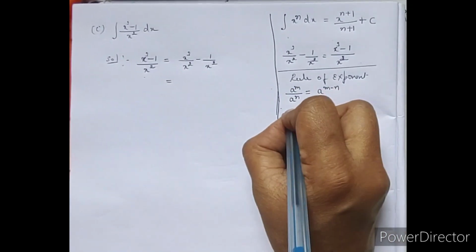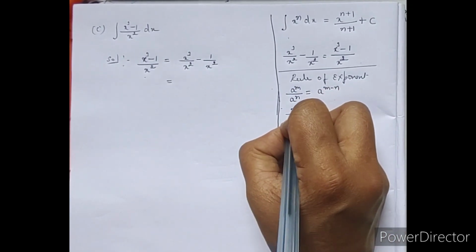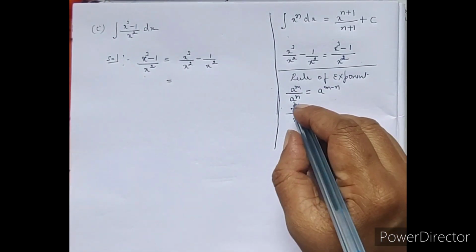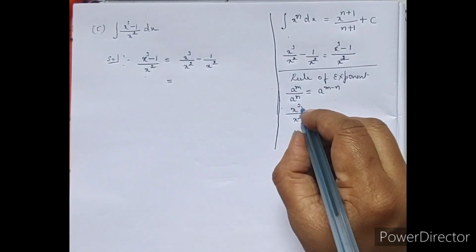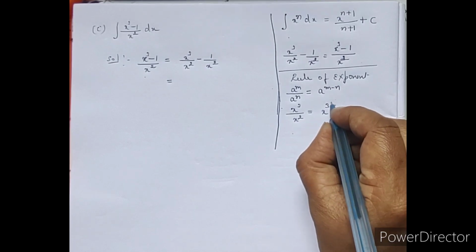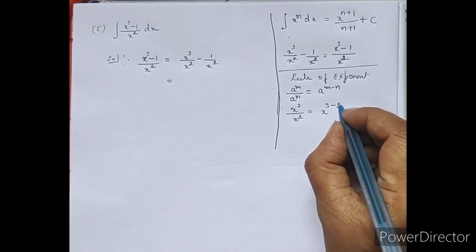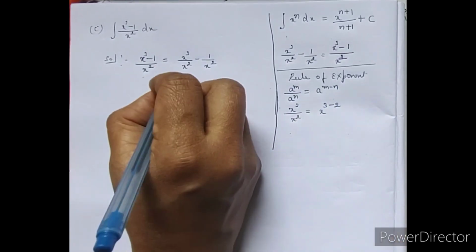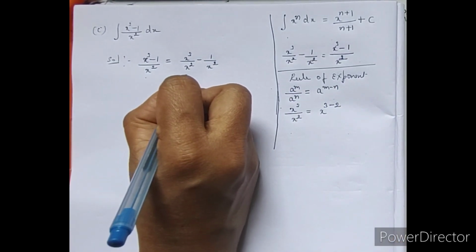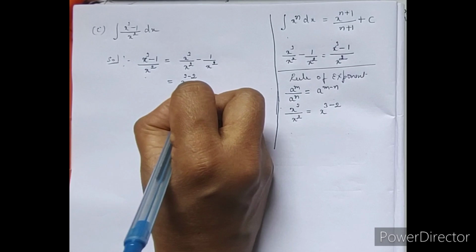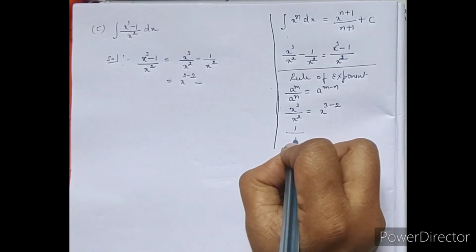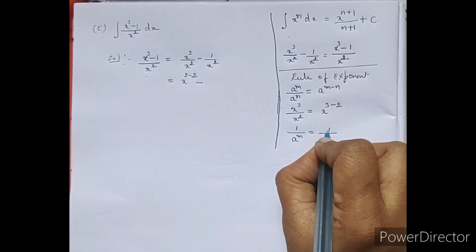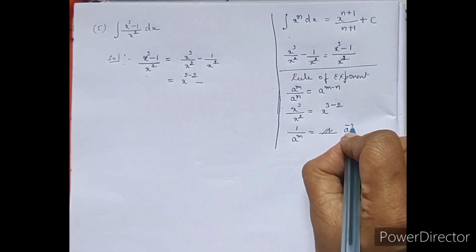If you apply this rule, x cube divided by x square: in the place of a you have x, in the place of m it is 3, and in the place of n it is 2. So x cube divided by x square can be written as x to the power of 3 minus 2. Again we have another rule: 1 divided by a to the power of m is a to the power of minus m.